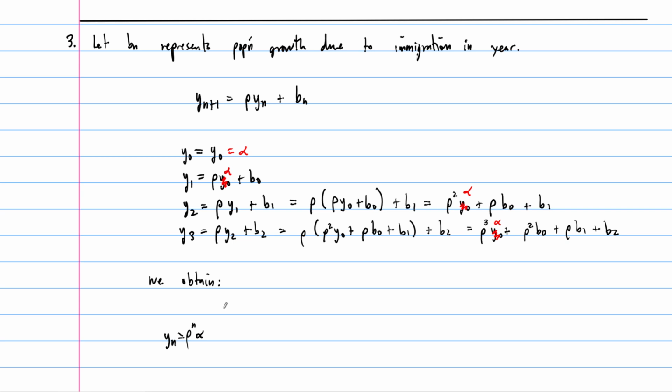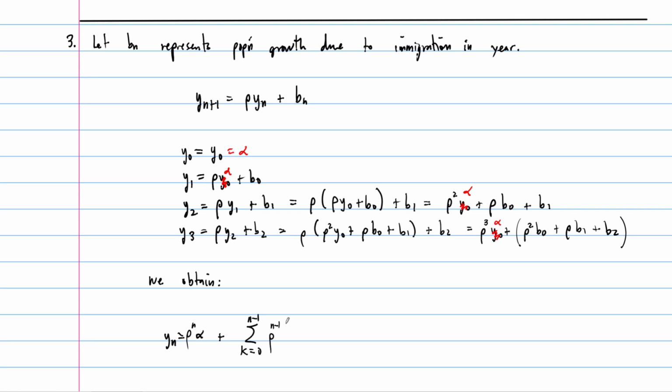But then how does the immigration contribute? It's going to be the sum as k goes from 0 to n minus 1, not quite n, but n minus 1, all written in sigma notation, of rho to the power n minus 1 minus k.